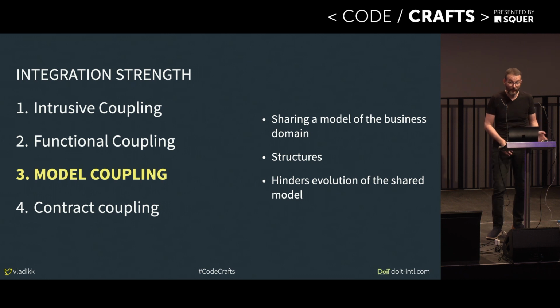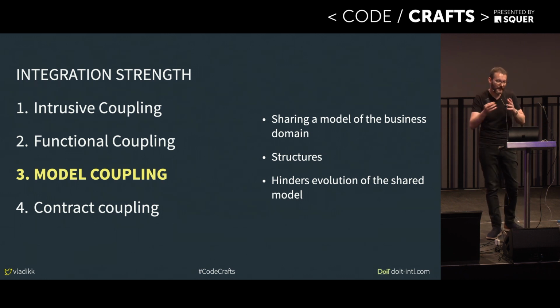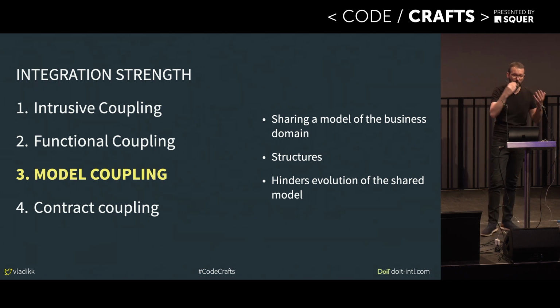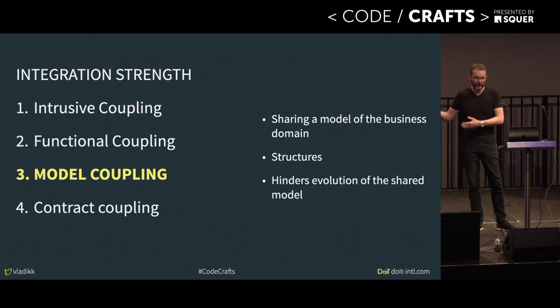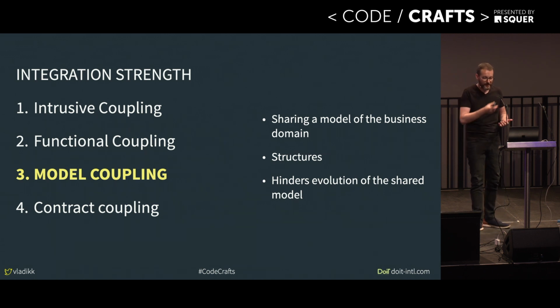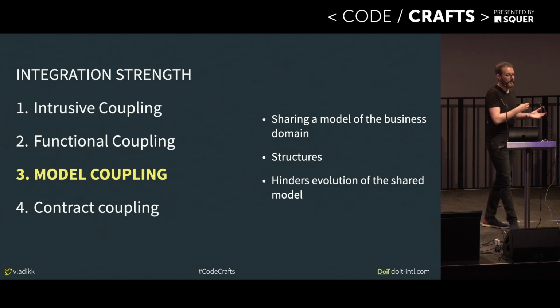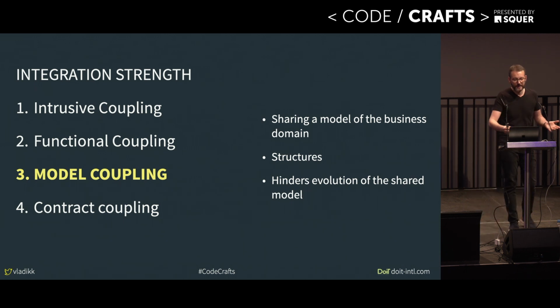We are not copying it as it is in the code, but we have to come up with a model that's going to reflect some of the aspects of the business domain that will allow us to solve the problems that the system is supposed to solve. So this model can be shared between multiple components of a system. When that happens, they're model coupled by sharing the same model.